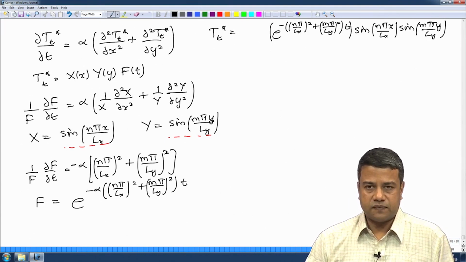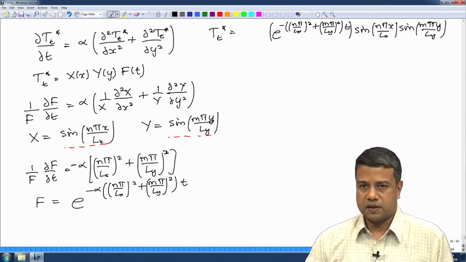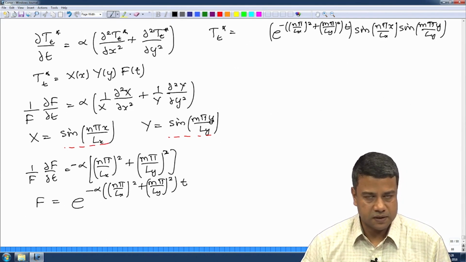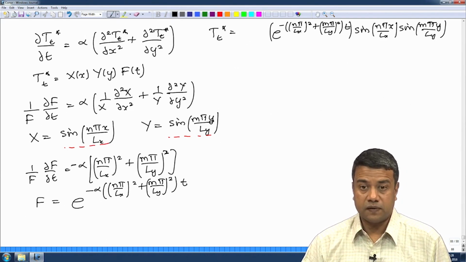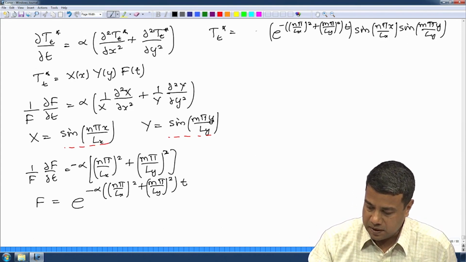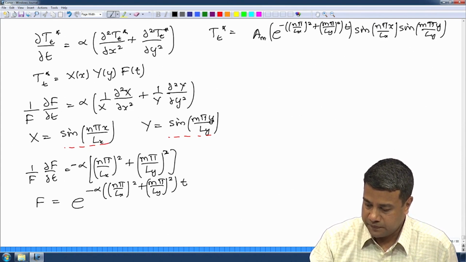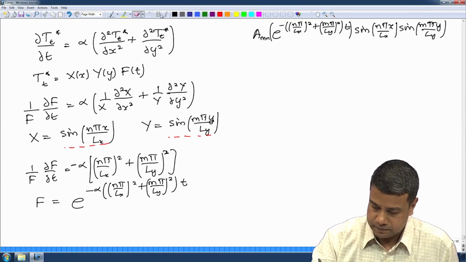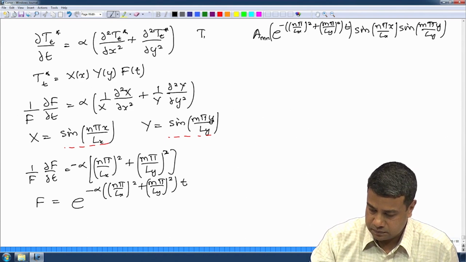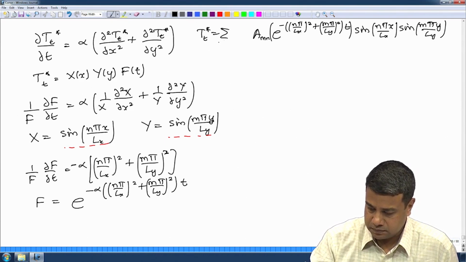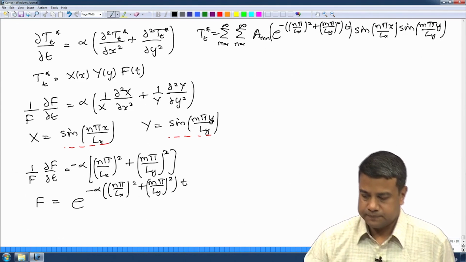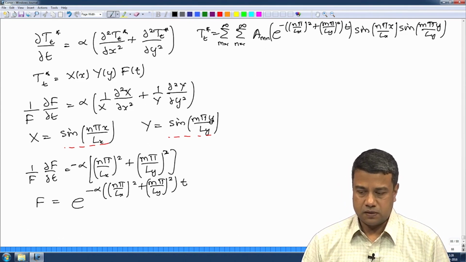This solution is valid, it satisfies the equation, it satisfies the spatial boundary conditions at x is equal to 0 and Lx and y is equal to 0 and Ly for any value of n and m so long as they are integers. So, the most general solution is going to be this times some constant which is a function of m and a function of n. That is going to be the most general solution.